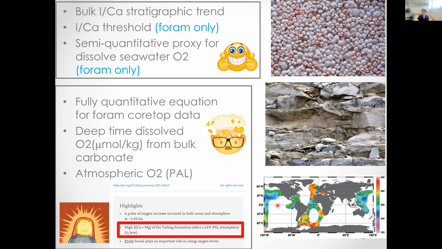This is not the most complete compilation, but it gives you the idea that when you go back in time, especially billions of years, you take one core and measure these iodine values and try to calculate the atmospheric pO2 value, that is something extremely difficult to do, in my opinion nearly impossible. So these are the things that, if you're interested in using this proxy, you want to be careful about in how you interpret the data.